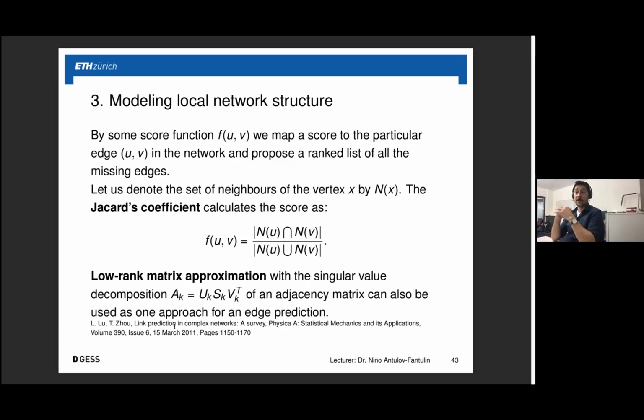I would advise the following paper, Link Prediction in Complex Networks, and you would see that there is no silver bullet here for solving this type of problem. Essentially every type of method has some implicit or explicit assumptions or hidden biases for why it is working. Okay.